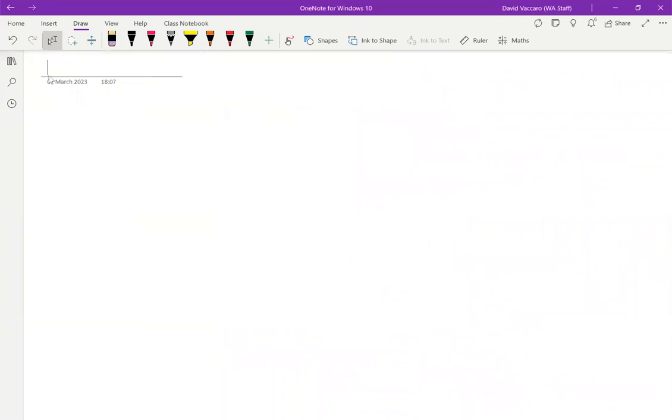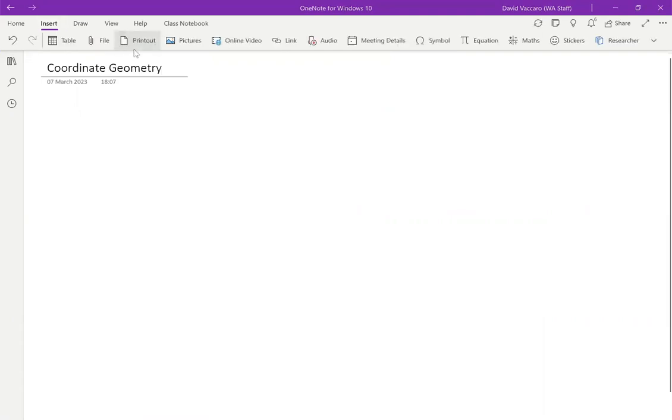Jigsaw. Yeah, right. So we've got coordinate geometry, everybody. Right, sorry, I'm just pulling up the sheet.